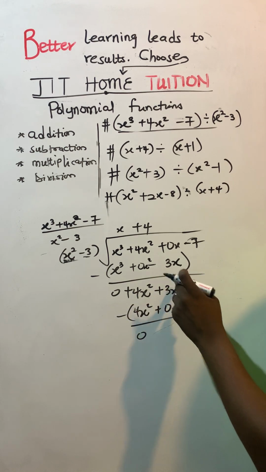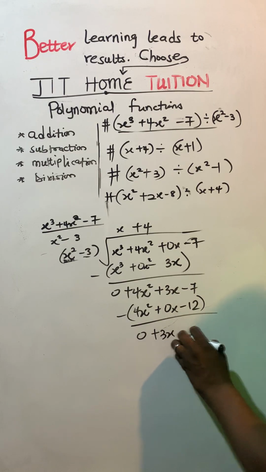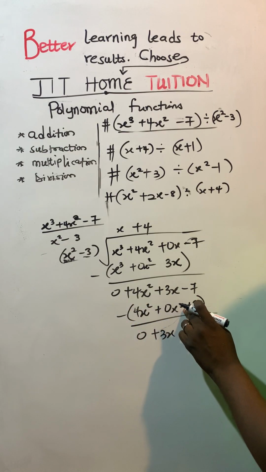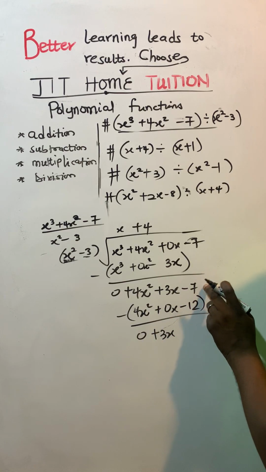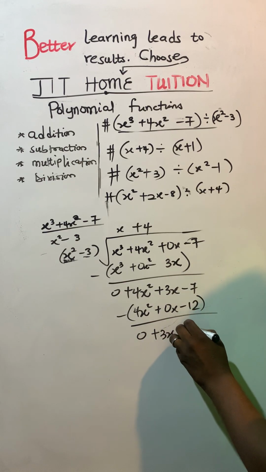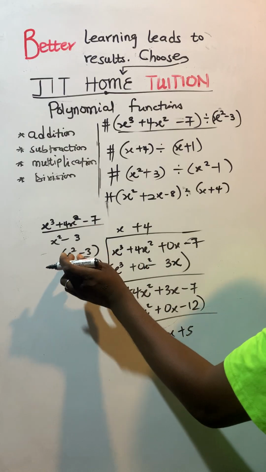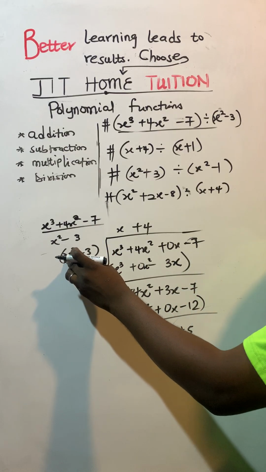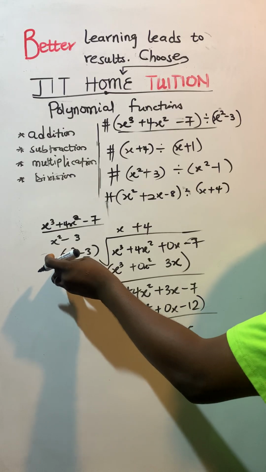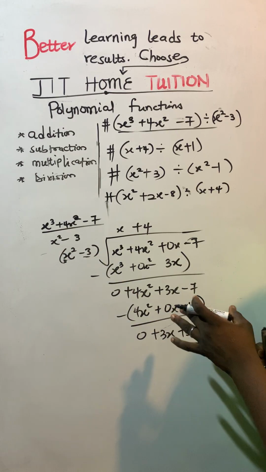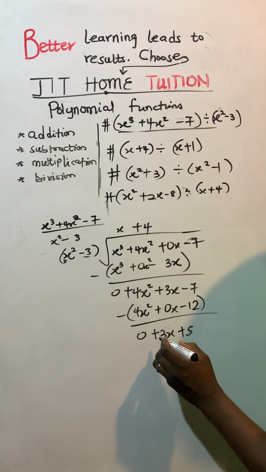When you subtract negative 12 from this, the negative will affect it, that will give you positive, plus 3x. Then you have this, so you have plus 5. Now, because this one is power 1, when you try to let the divisor divide this one, it will be a little bit of a challenge.